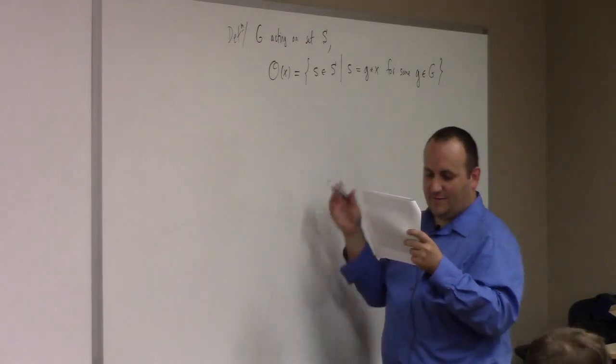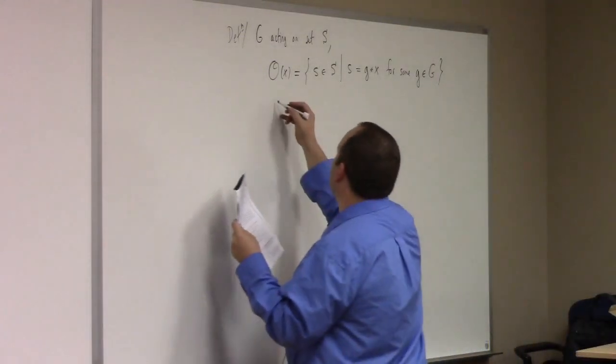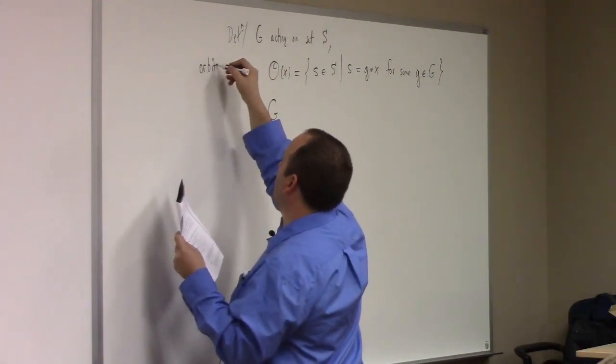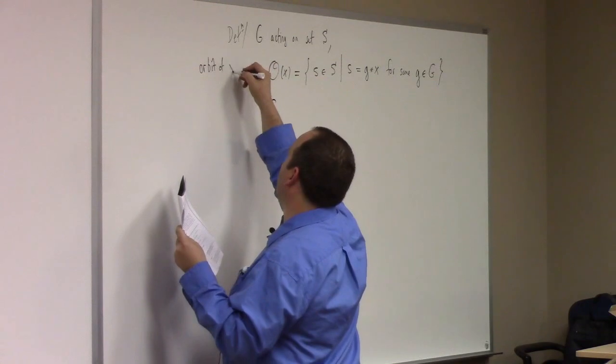It's fine, it's a great book. So this is the orbit of X under G.